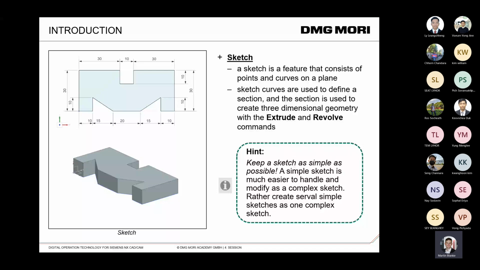So it's a two-dimensional geometry. Sketch curves are used to define a section, and the section is used to create three-dimensional geometries with extrude or with revolve commands. You know, last session we already worked with the extrude and revolve commands, so that is not really new information for you.